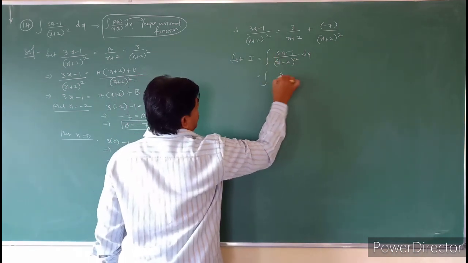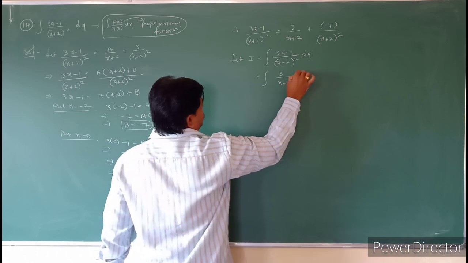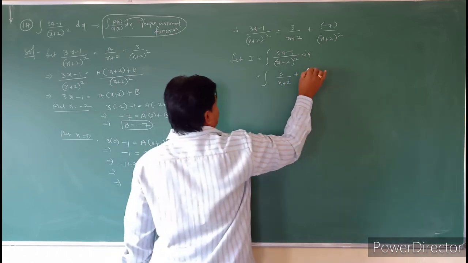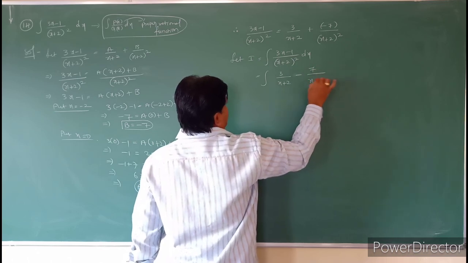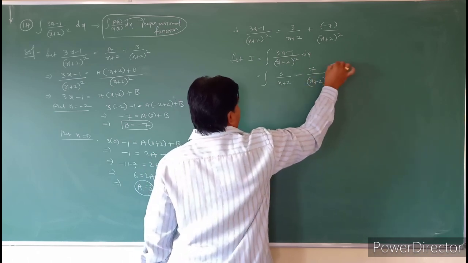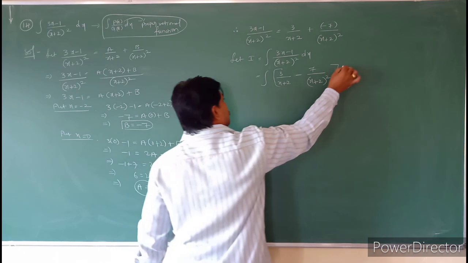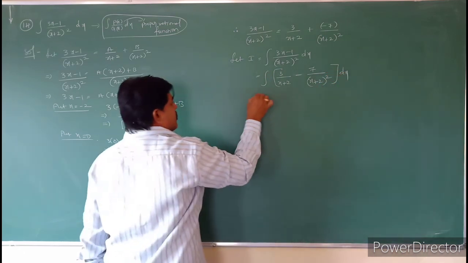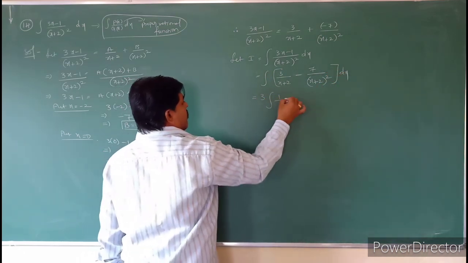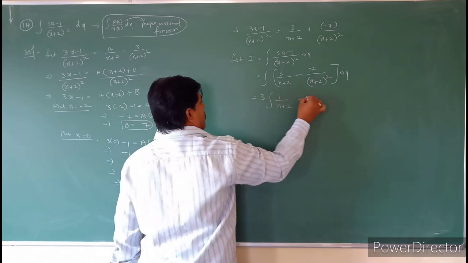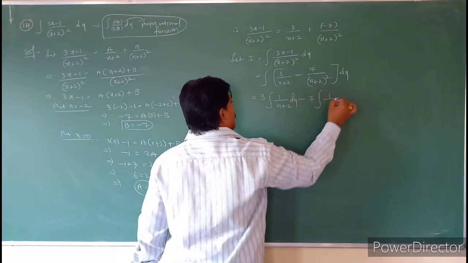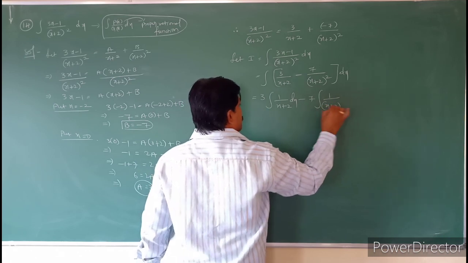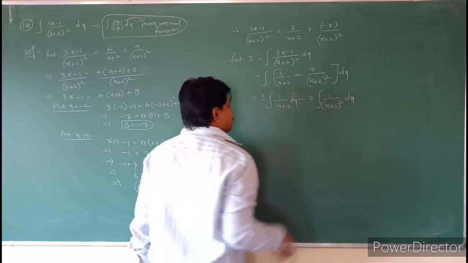You can write it as integral of 3 by x plus 2 plus minus 7 by x plus 2 whole square into dx. So separate the terms: 3 into integral of 1 by x plus 2 into dx minus 7 into integral of 1 by x plus 2 whole square into dx.